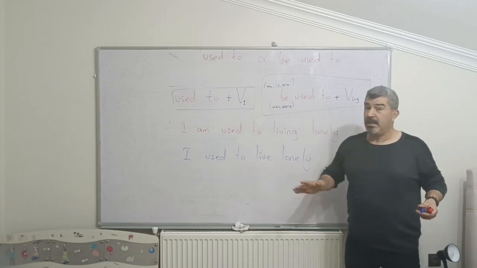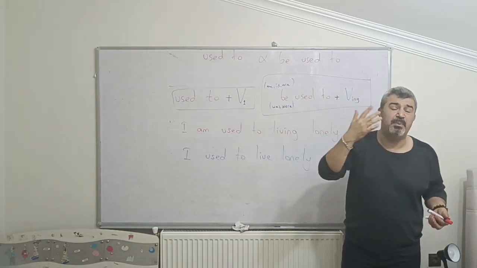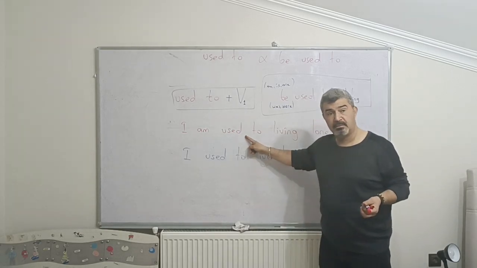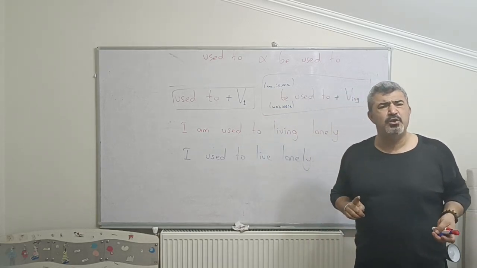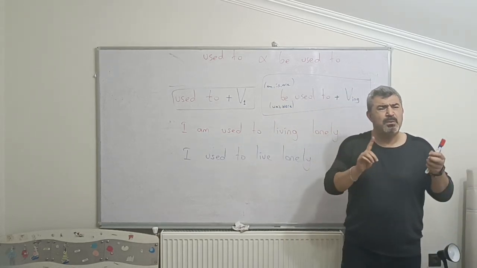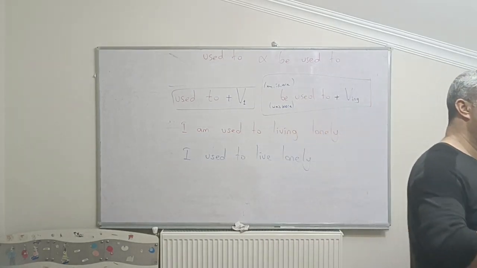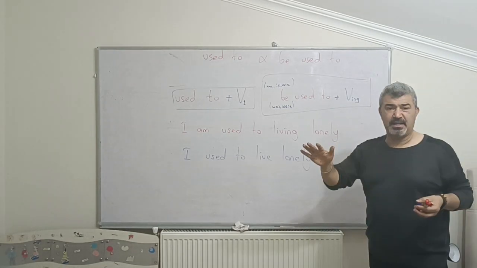So when I read this sentence, it is not about the past. It is about the present. Now, as I said to you, I used to smoke. What does "I used to smoke" mean? It means when I was young, I smoked, but later I left it.